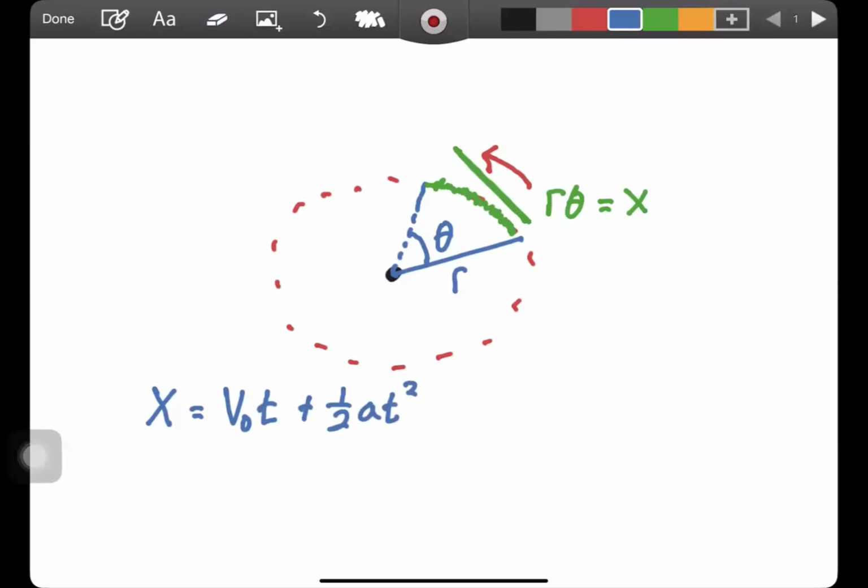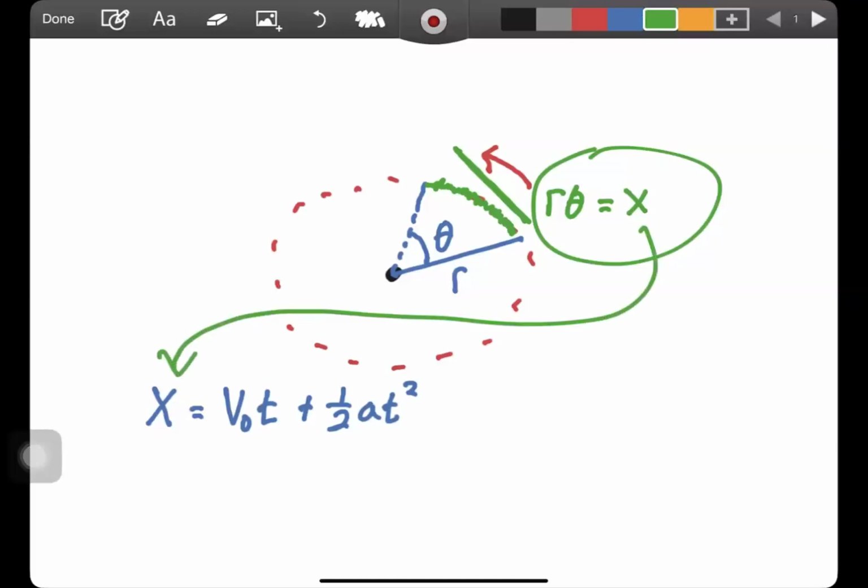And so let's say that we want to talk about the position in circular trajectory for some angle theta that has been swept out. So what I would do is simply take this conversion and plug it in right here. And so let's go ahead and do that.